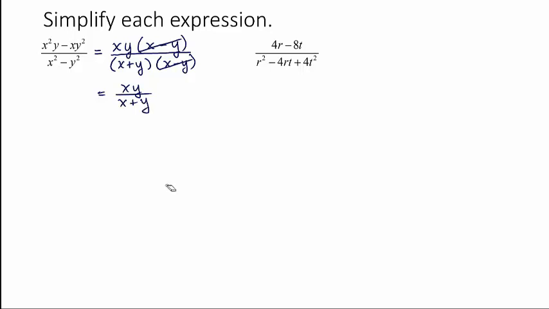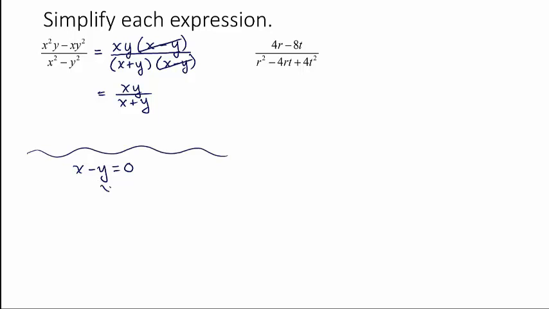Now, be careful here. We're thinking about domain restrictions. I didn't list that in the directions here, but it's a little bit different with the two different variables, because what you're really thinking about is what makes x minus y zero. That's the factor that we canceled out that was in the denominator and is no longer there.